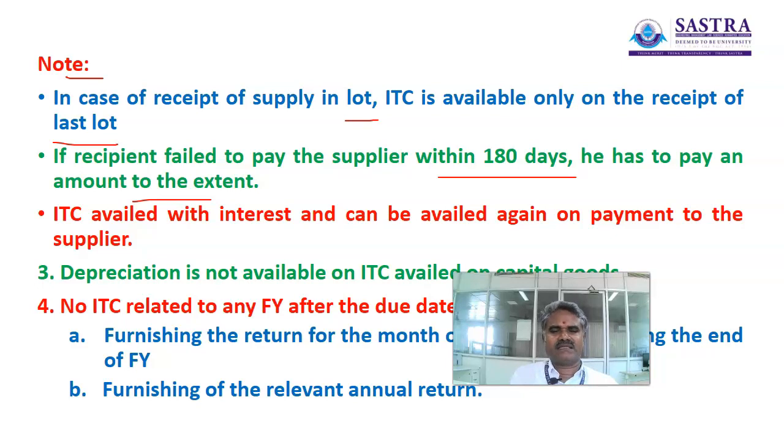Within 180 days, otherwise you have to pay the penalty and interest. ITC availed with interest can be availed again on payment to the supplier.